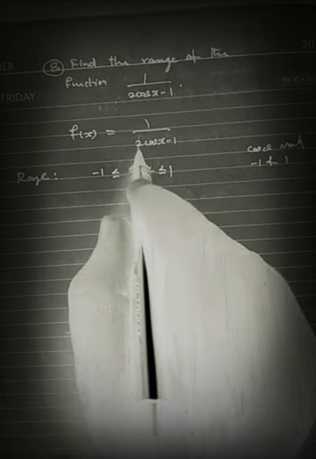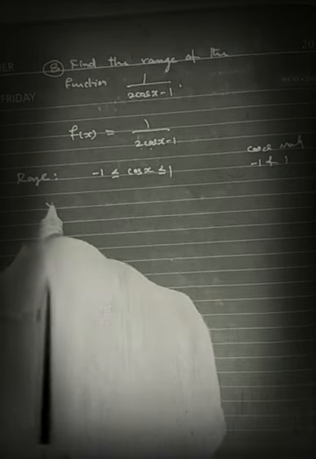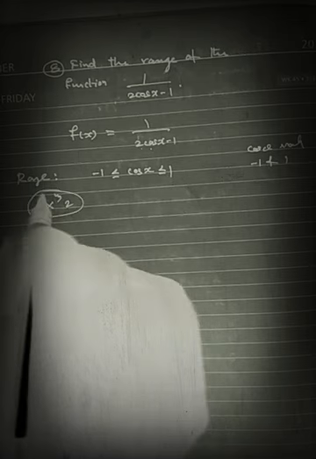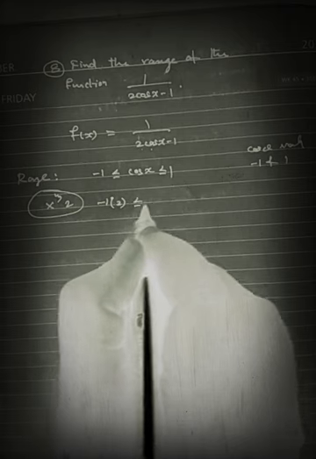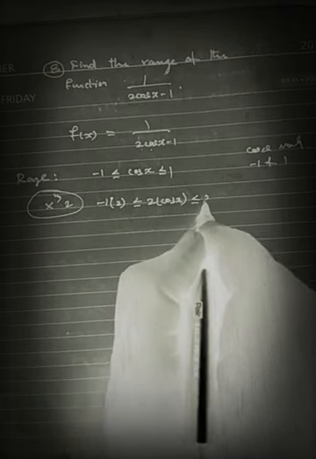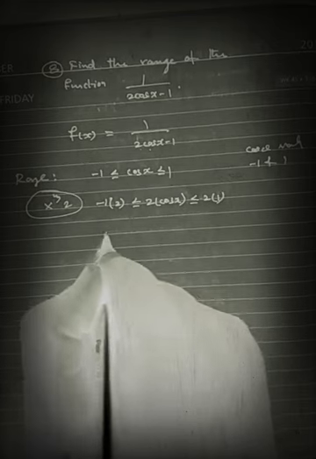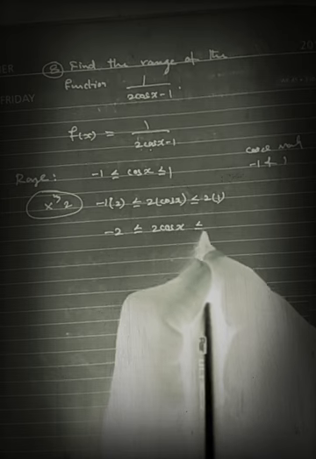I multiply by 2 because here we have 2 cos x. Minus 1 into 2 is less than or equal to 2 cos x, less than or equal to 2 into 1. You multiply, now minus 2 less than or equal to 2 cos x less than or equal to 2 will come.